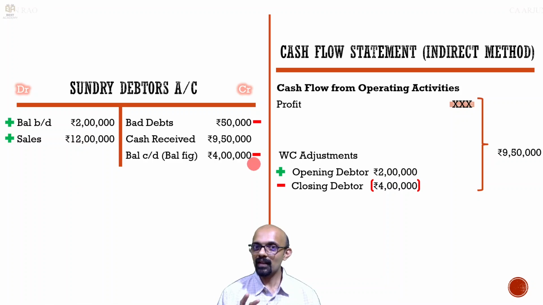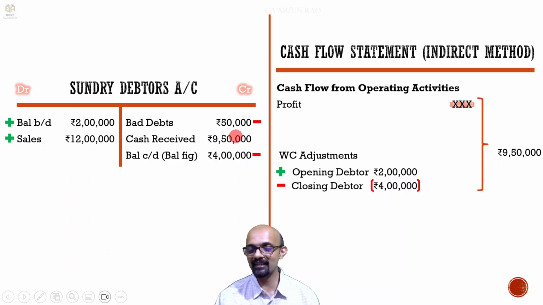So we have understood two logical concepts. First, just because an expense is a non-cash expense, you don't blindly add it back. You need to check which ledger account it relates to and whether the cash flows in that ledger account are shown directly or indirectly. Bad debts relate to the ledger sundry debtor, and the cash flows in sundry debtor are shown indirectly, in which case you should not remove bad debts, because only by writing bad debts are you reflecting 9,50,000 indirectly, right?